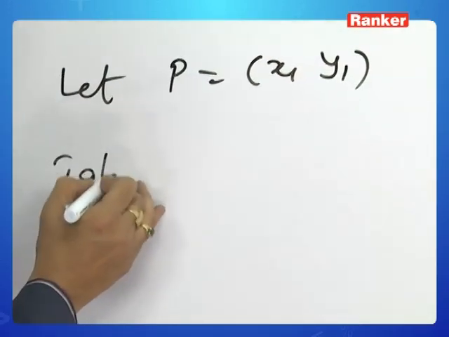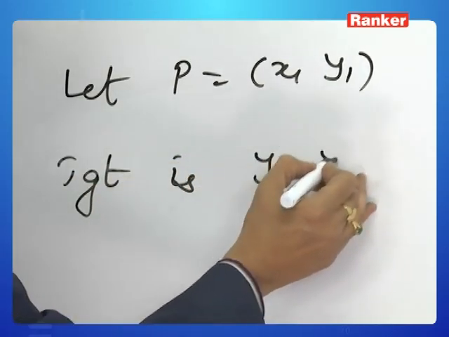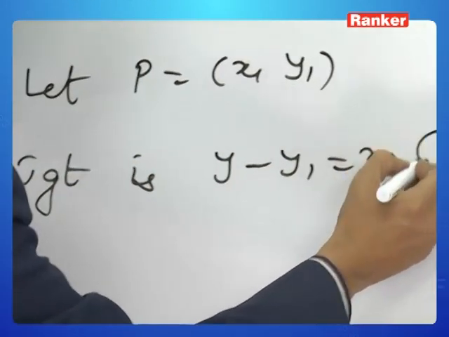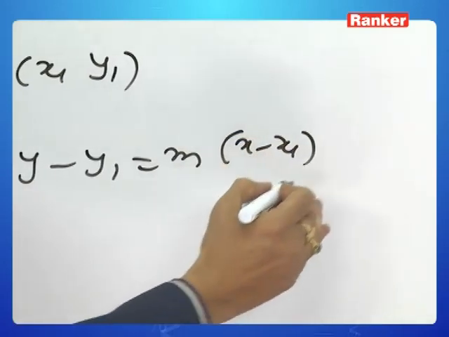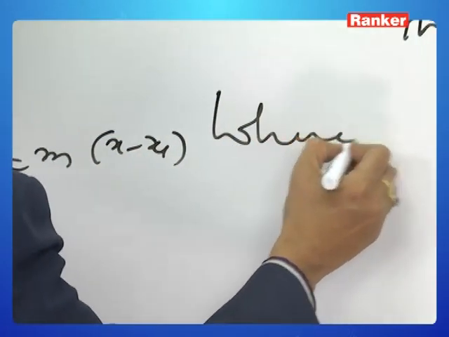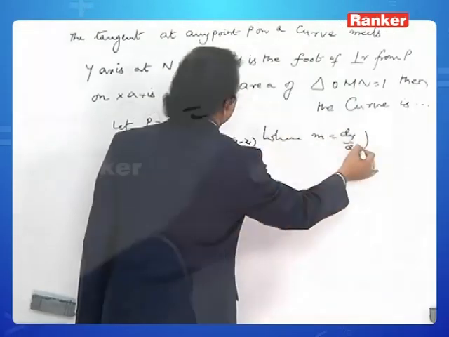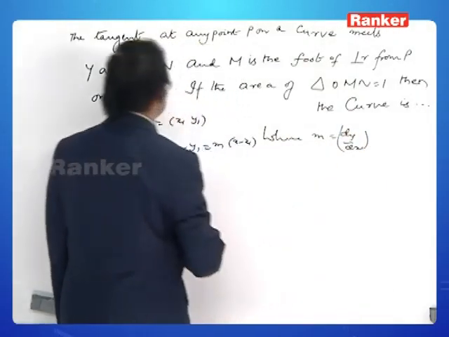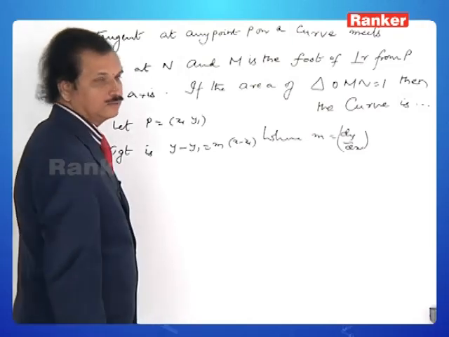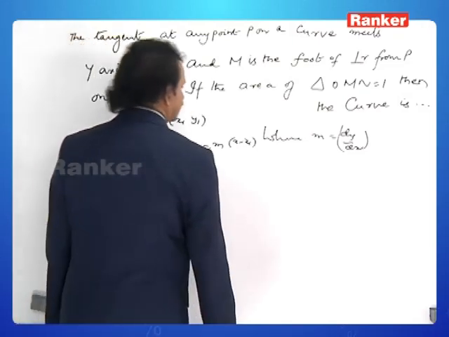Tangent is y minus y1 is equal to m into (x minus x1), where m is equal to dy by dx at (x1, y1). Isn't it?